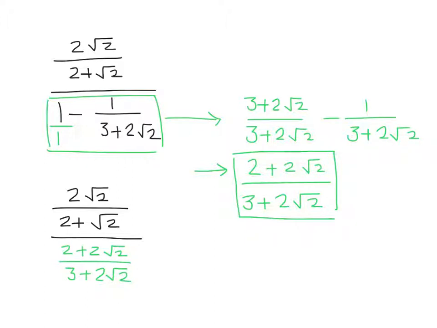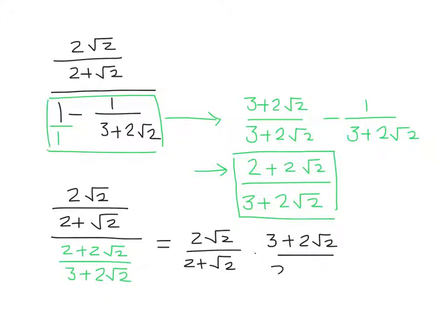And so we know that that is multiplication by the reciprocal. So I can take the numerator, which is 2 root 2 over 2 plus root 2, and I can multiply it by the reciprocal of my denominator, 3 plus 2 root 2 all over 2 plus 2 root 2.